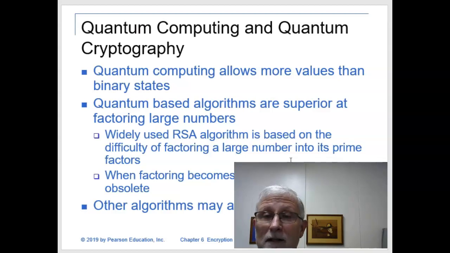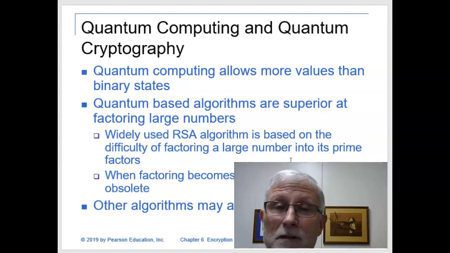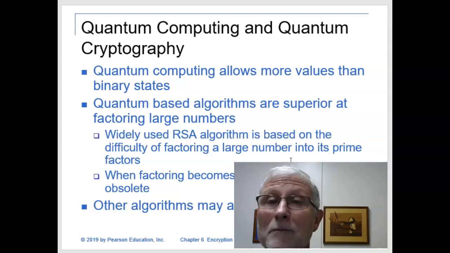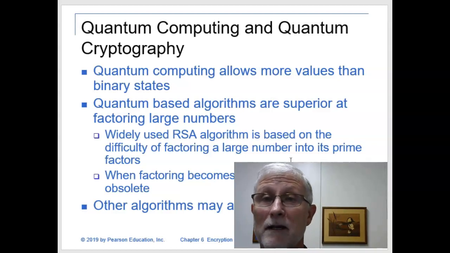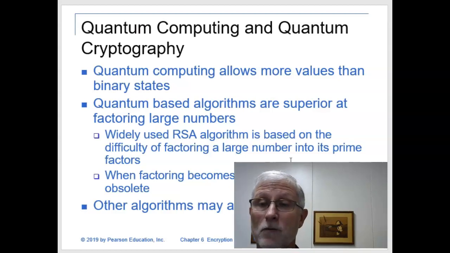So all of the RSA algorithms would just become obsolete because they were based on large prime numbers. This quantum computing would make a lot of what we do today as far as security obsolete.